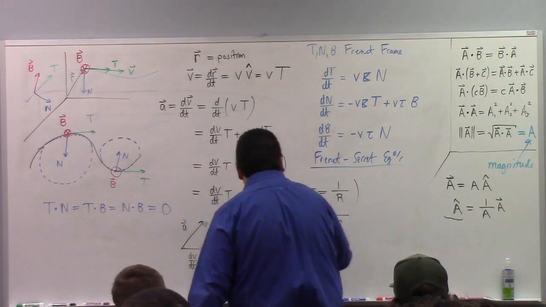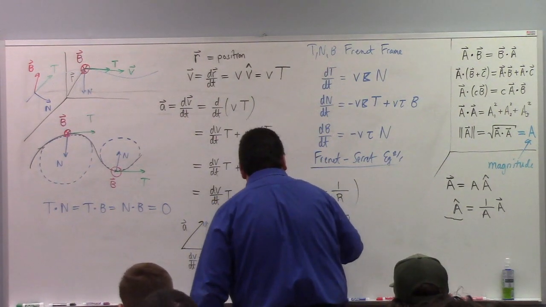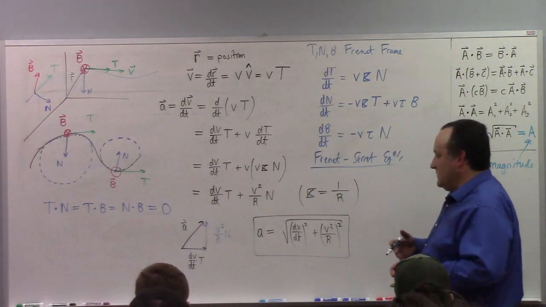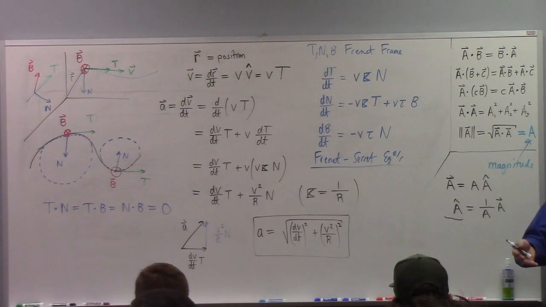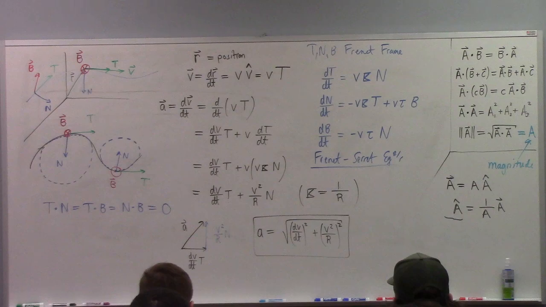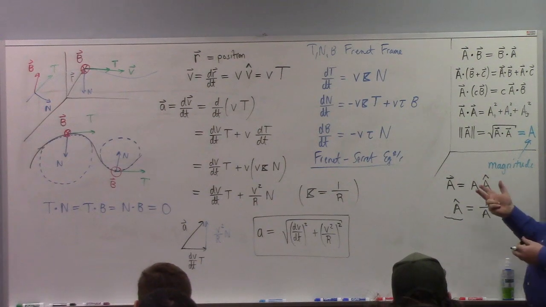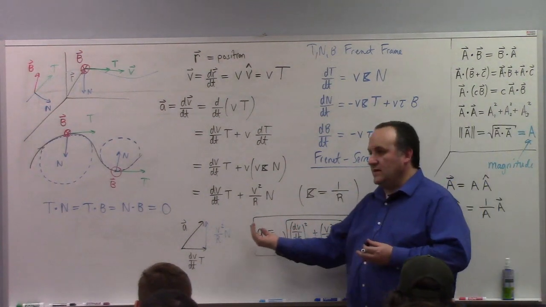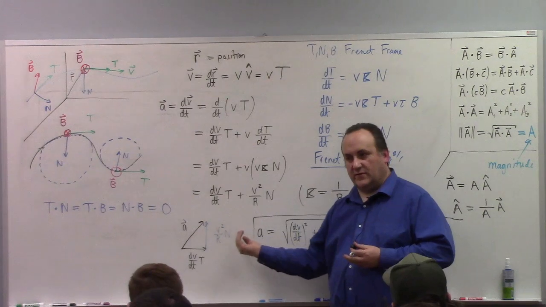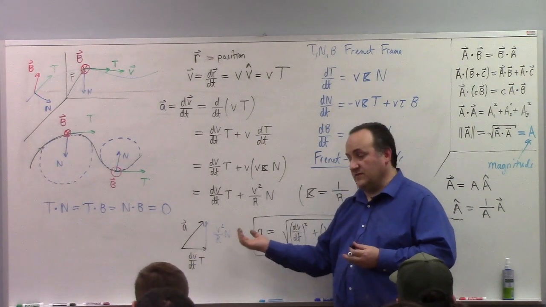And this right here, my friends, is a formula for the magnitude of the acceleration as it relates to the speed at which it's traveling and the rate at which the speed is changing. But also this reveals that acceleration has two components. The one is center seeking, related to the radius of curvature of the osculating circle.